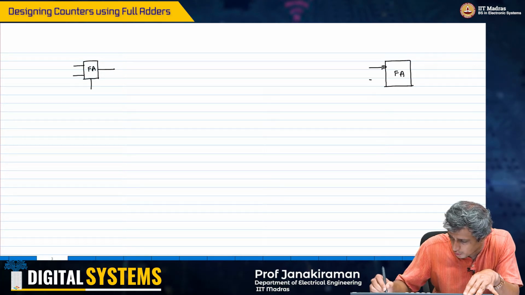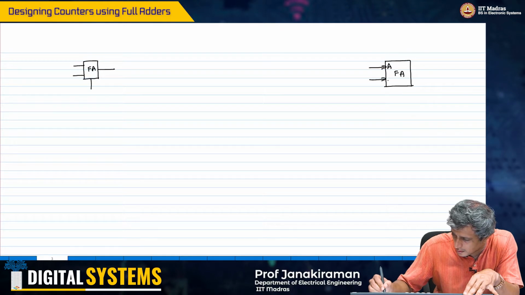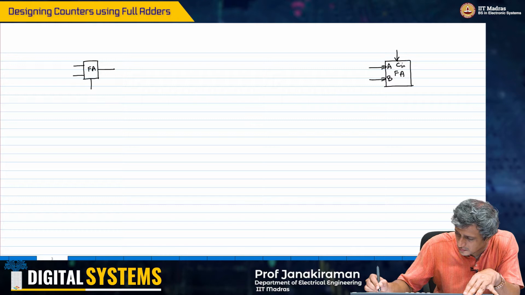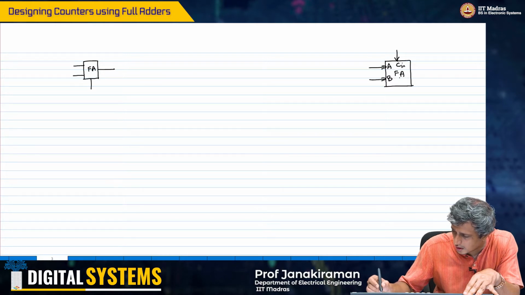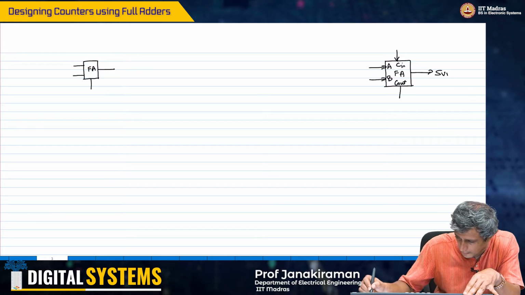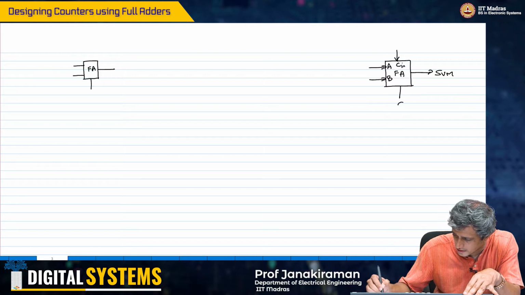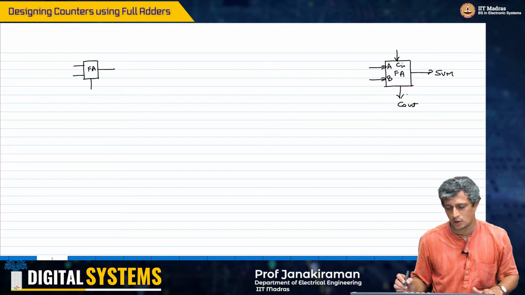I'm giving the input A, B, my carry in is here, C out is here, and this is the sum. Okay, this is C out, right? That's the configuration.